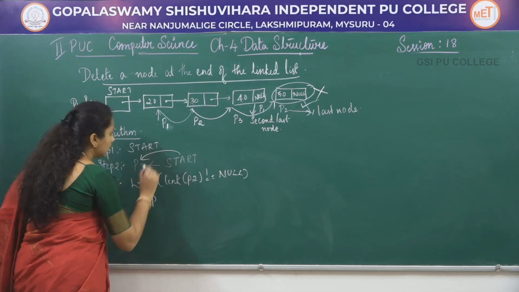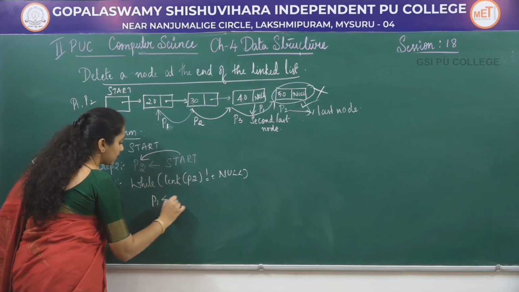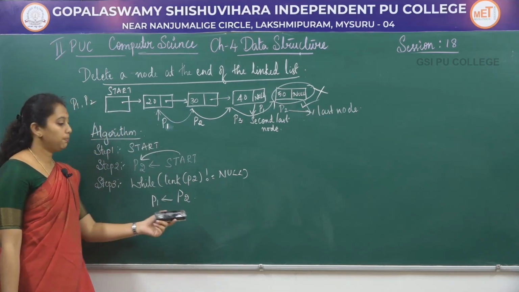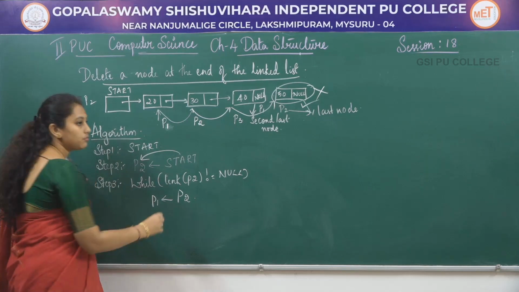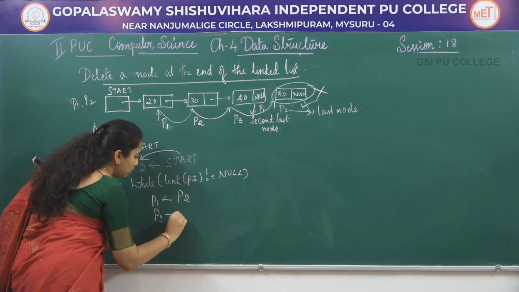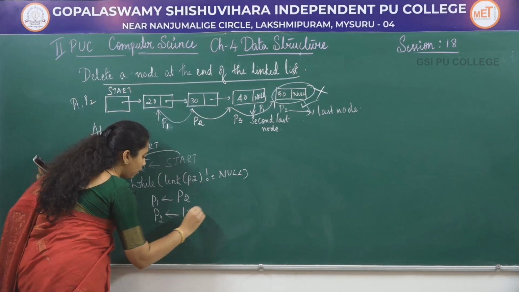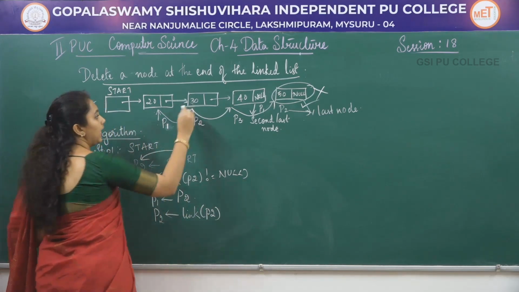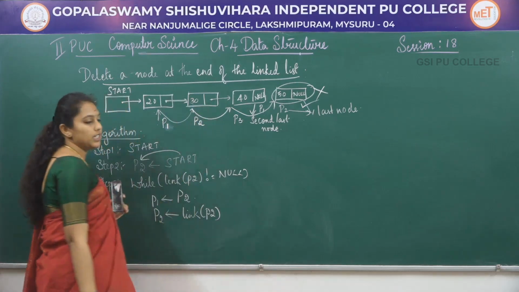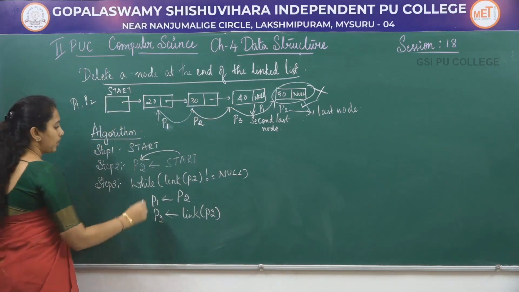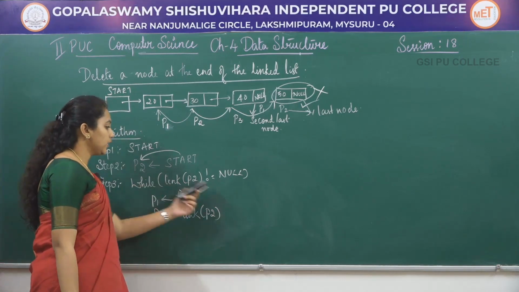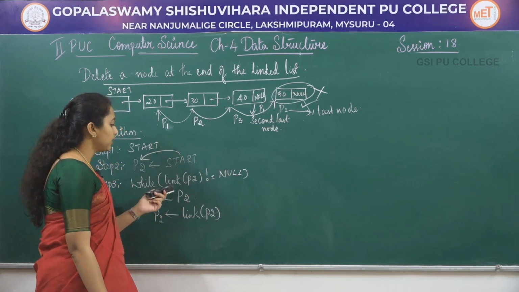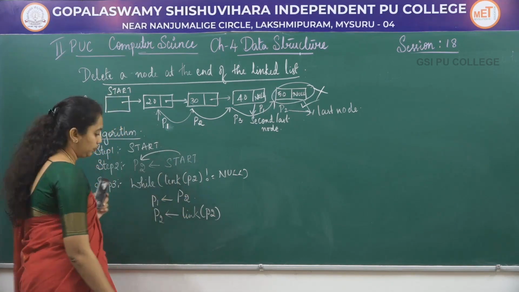So now this node becomes P1. P2 becomes P1 and P2 contains the link of the next node. So now this becomes P1 and the next node of the linked list becomes P2. This will continue until we get null as the value in the link field of P2.